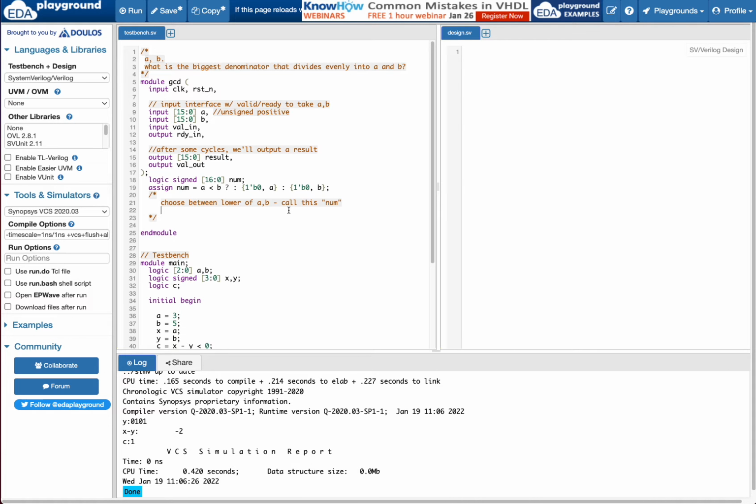Like that. And then basically we start with a smaller number because the set of possible denominators must be from 1 to, so this square bracket is an inclusive interval like in math, to the min of a comma b.